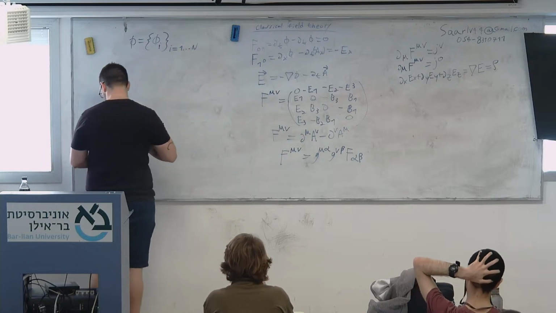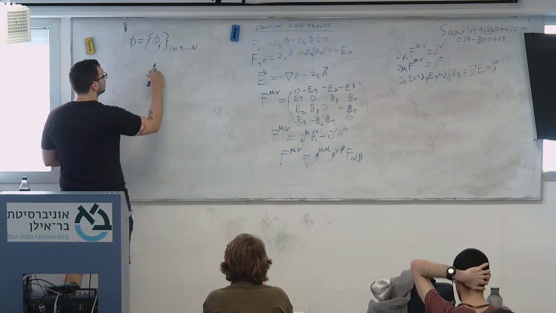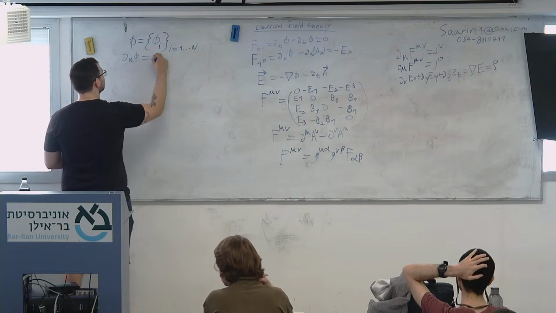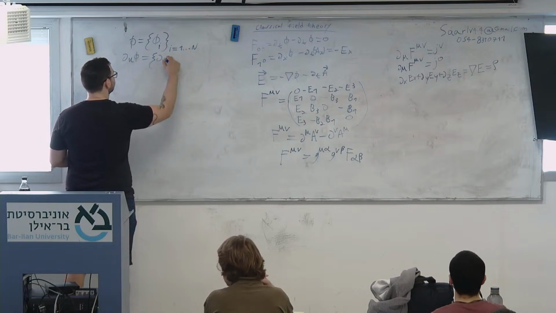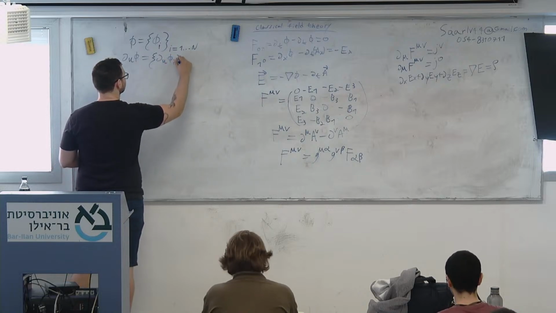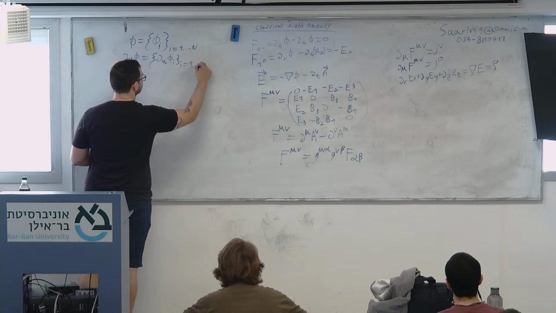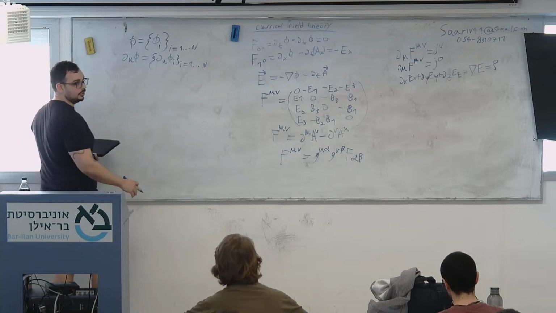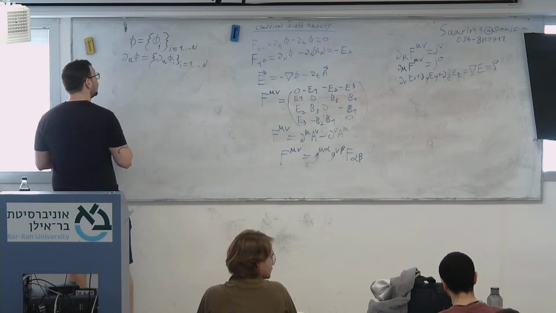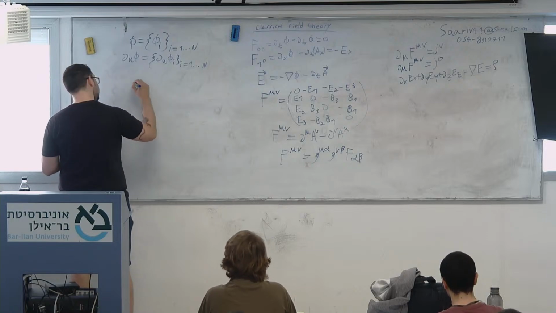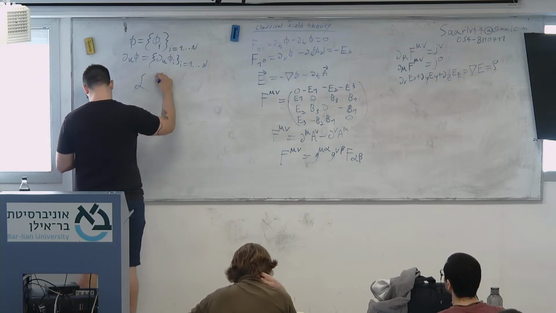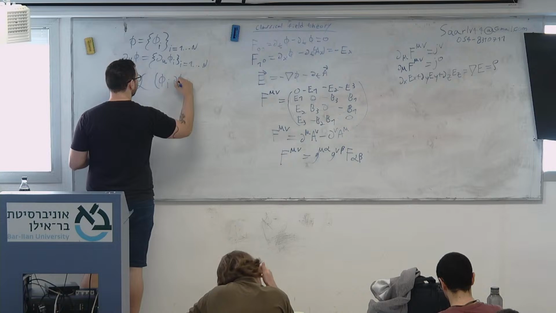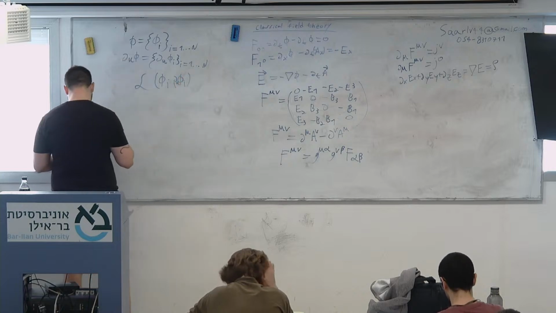We have some number of fields, and we also have the four-vector derivative, and we know that we can express the Lagrangian density using our fields and their derivatives.